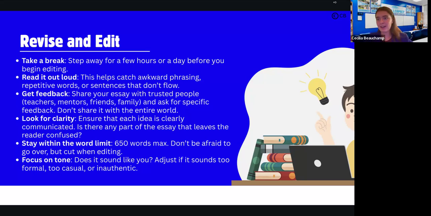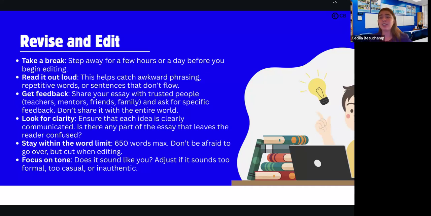Next is get feedback from other people. Share your essay with trusted people. Do not share your essay with everyone on the planet. Do not share it with your entire English class. Do not share it with every single teacher that has ever taught you. Be selective about who you're sharing it with, because you want people you trust, people you'll be okay taking feedback from.